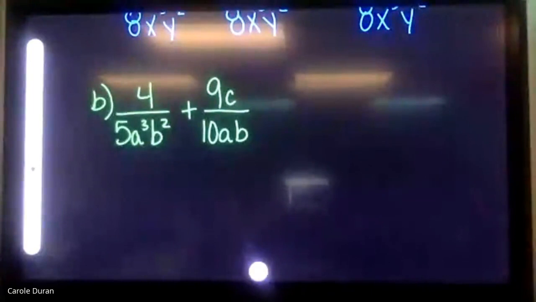So my first fraction is 4 over 5a cubed b squared plus 9c over 10ab.